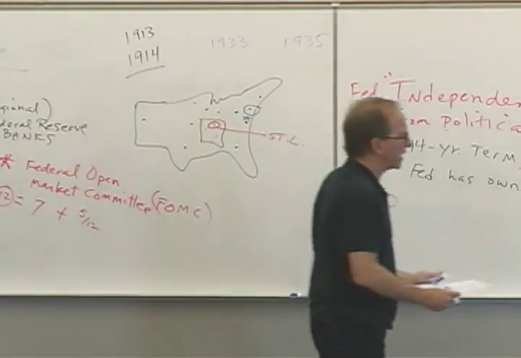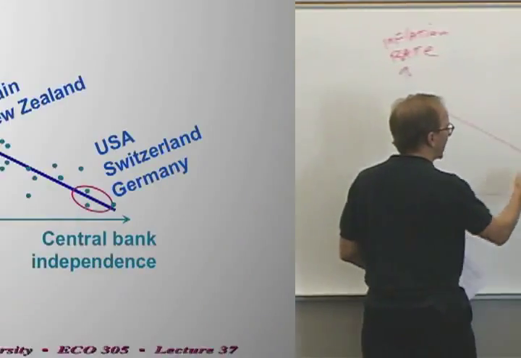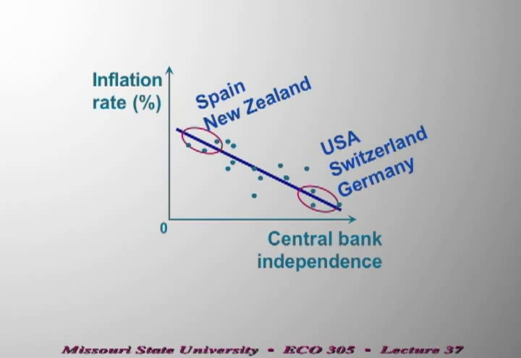And so what we have down here toward this end is the United States and Switzerland and Germany. There are other countries scattered around this, and up at the other end we have Spain and New Zealand.